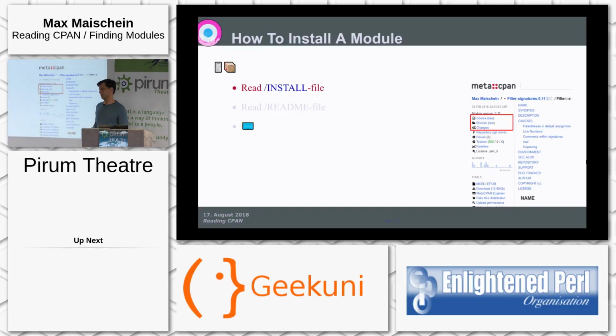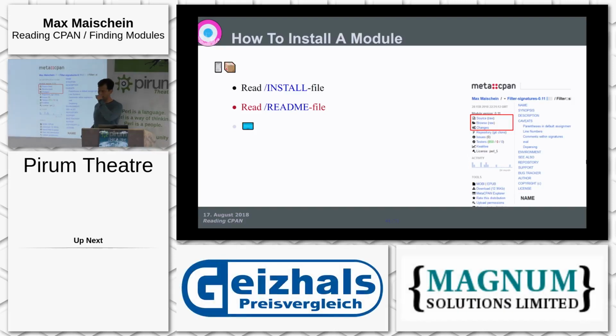Well, installing a module now basically reduces to reading the INSTALL file and the README file, hopefully following the instructions there, like you need to make sure that other client libraries are installed. There is a link on MetaCPAN, which has been pushed below this black bar here, sorry, that displays install information, but this information seems to be very generic.